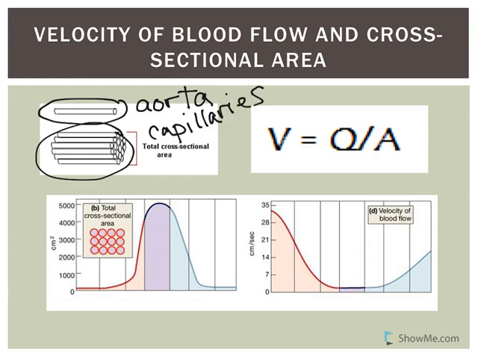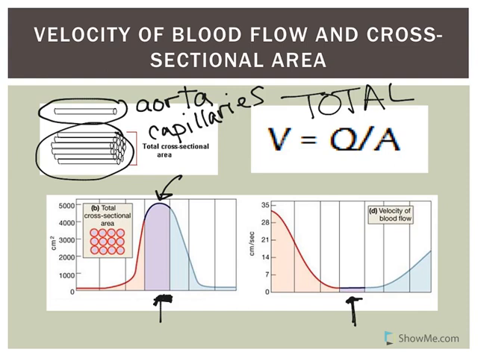So we're looking at the relationship of total cross-sectional area and velocity of blood flow. We have here, this represents the capillaries right there. You notice the highest total cross-sectional area is in the capillaries in our circulation, and it has the lowest velocity of blood flow. What's significant about that?